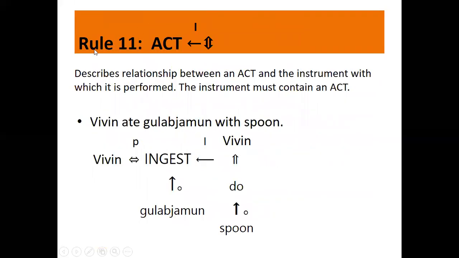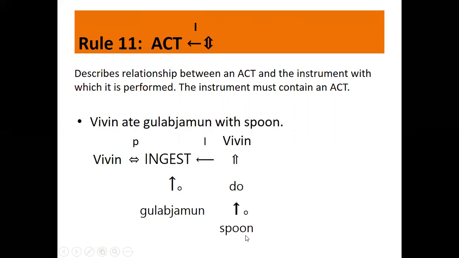Then you have rule 11. It describes the relationship between an act and the instrument with which it is performed. The instrument must contain an act. Simple example: Vivin ate gulab jamun with a spoon. We know ingest is used for eating. So Vivin is a picture producer. What was the act carried out? Eating, represented using ingest. And on what was the act carried out? On gulab jamun, which is an object.